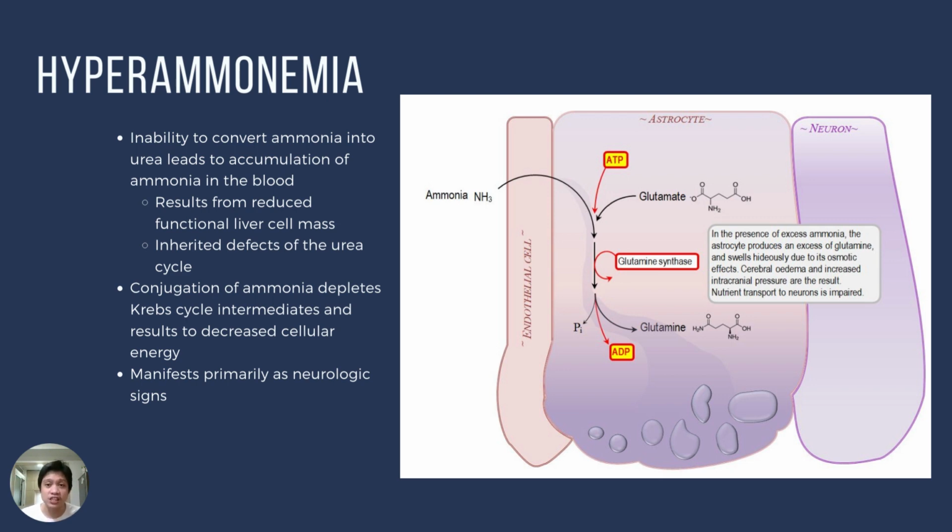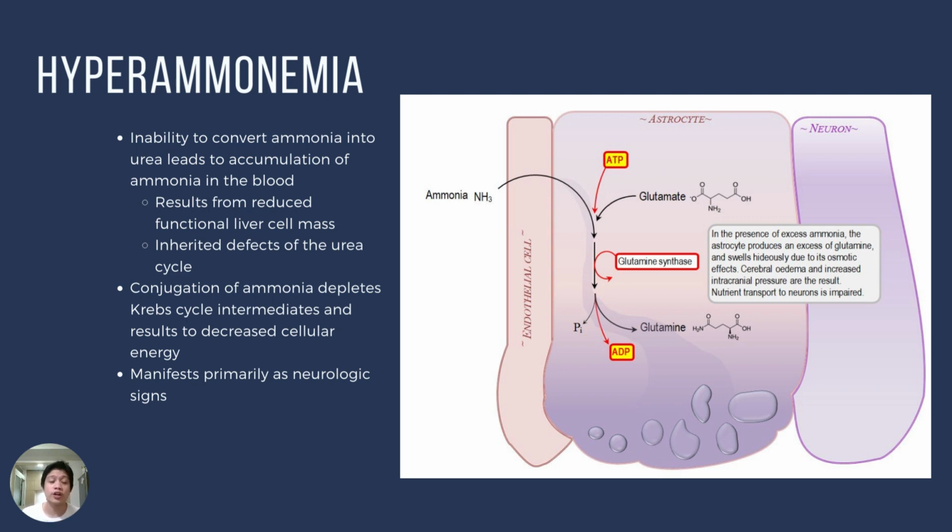If you have a disease that leads to chronic destruction of the liver and therefore low activity of the liver cells, for example, in cirrhosis, where there is substitution of the liver cells by fibrotic tissue or scar tissue, that will lead to the accumulation of ammonia.